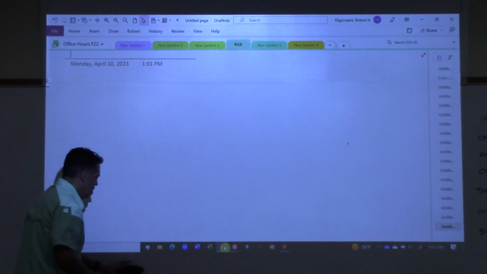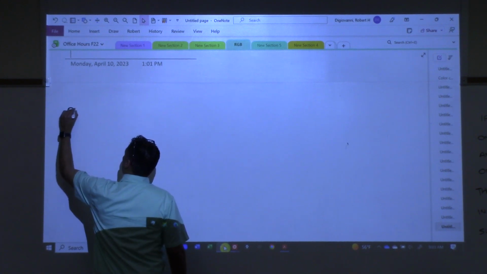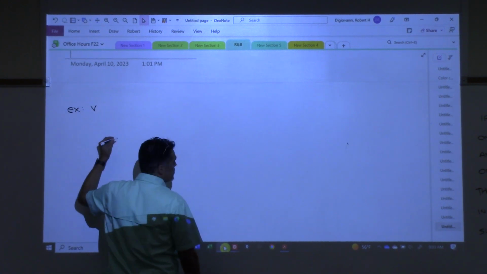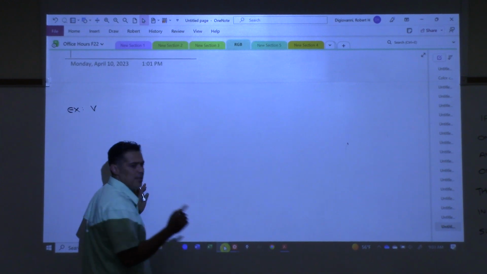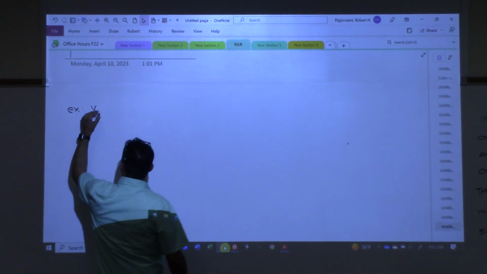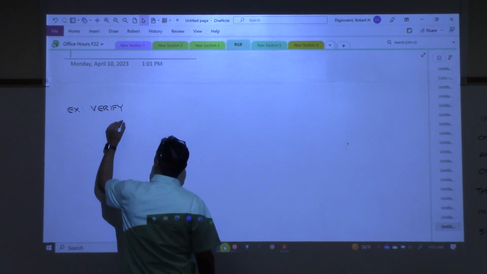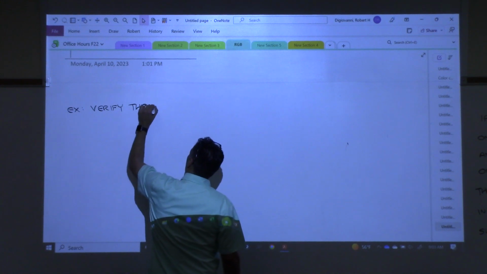All right, so let's do our first example. This is the way these problems will appear. And this, of course, will not be on your test, but this would be on the final. So verify the mean value theorem.